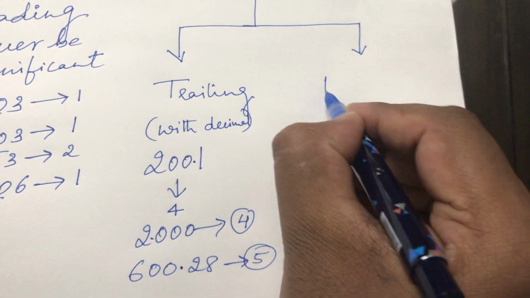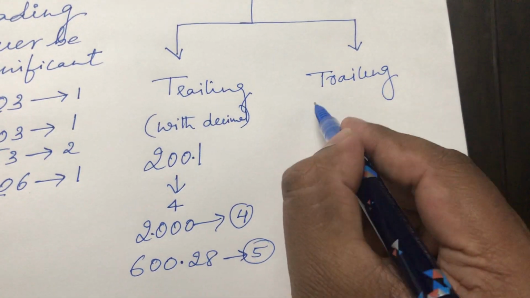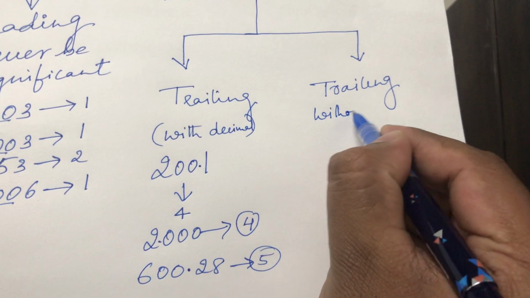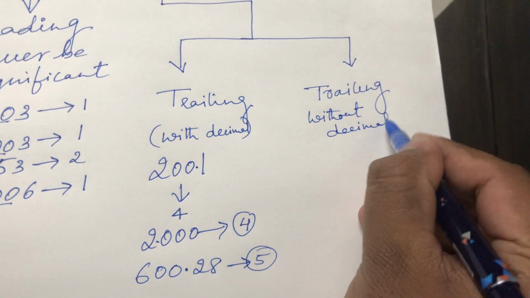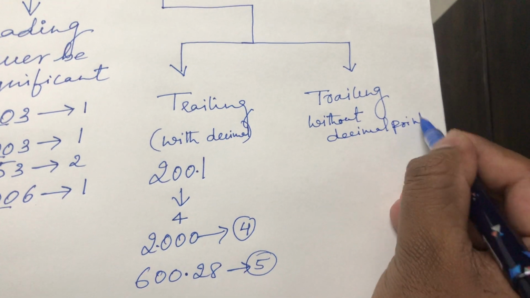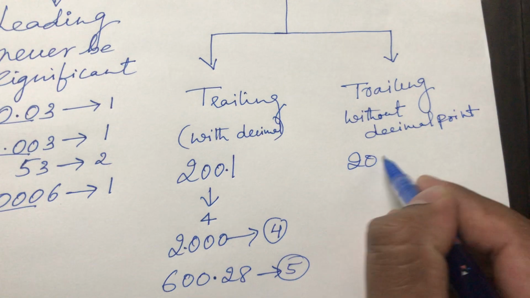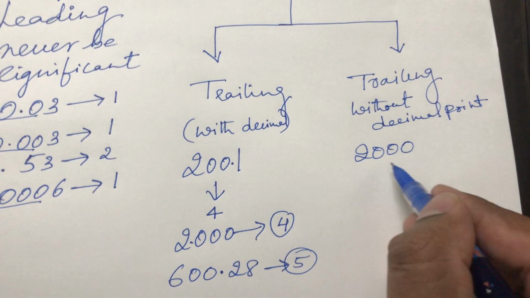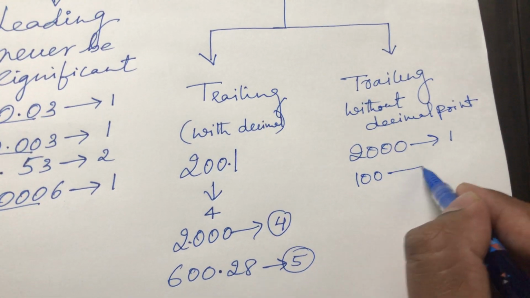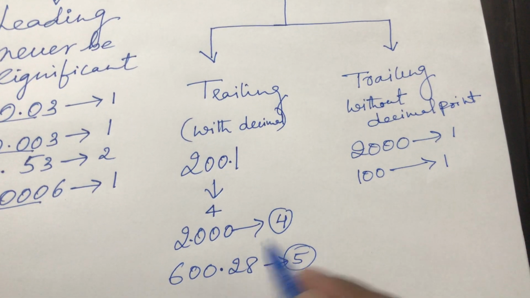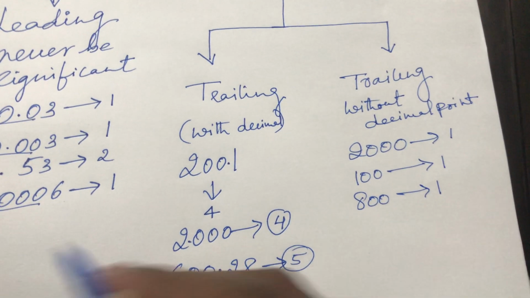Next one, trailing zeros without a decimal point. Let me say 2000, only one significant figure is there. 100, only one significant figure. 800, only one significant figure.